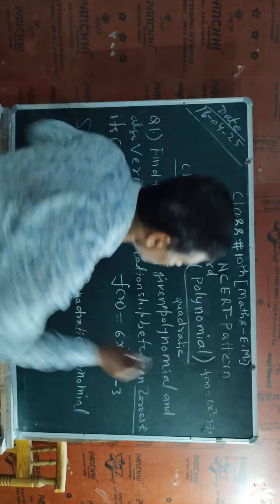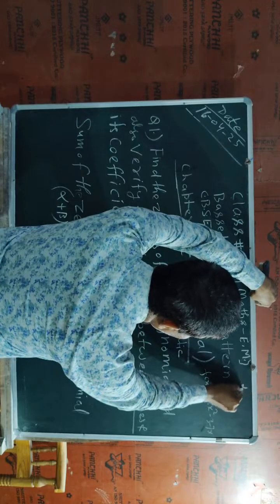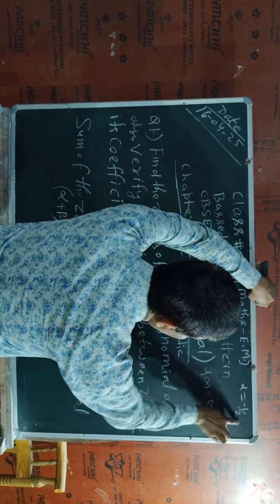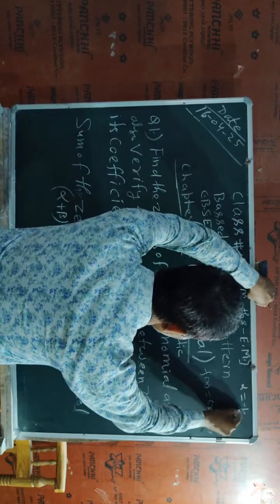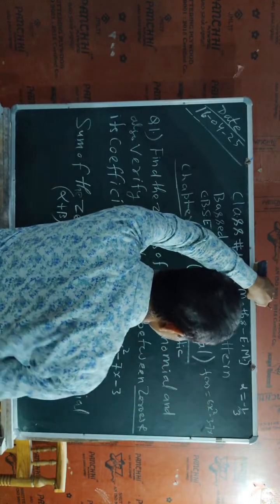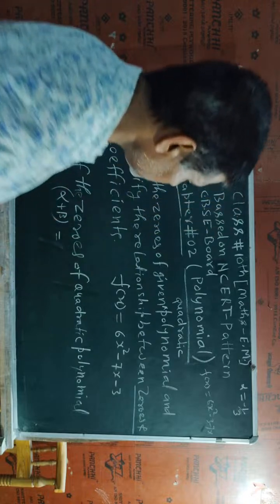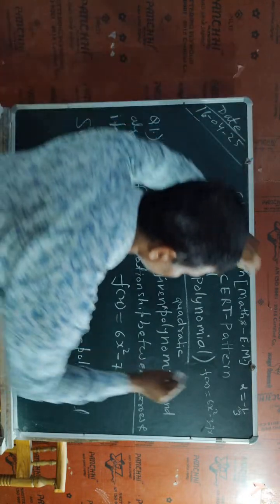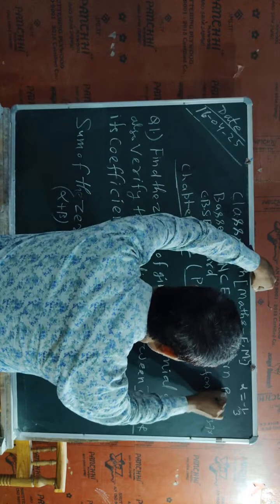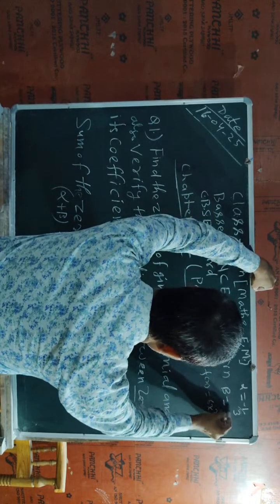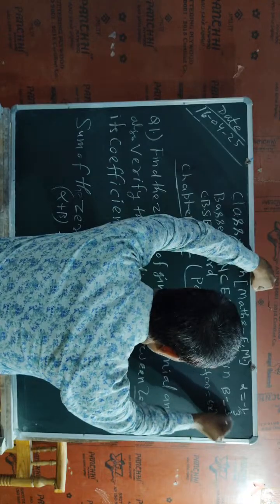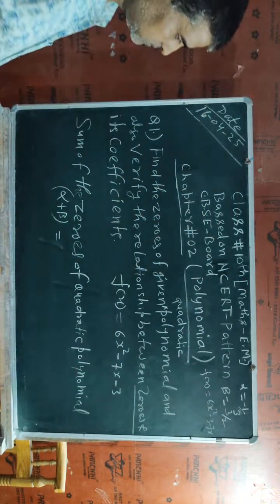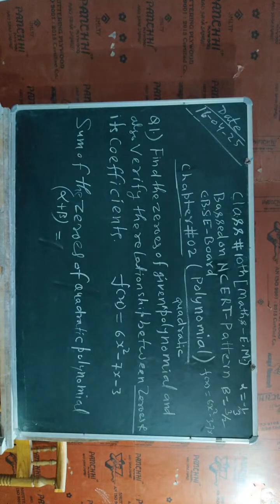So I have got two values. Alpha was minus 1 by 3 and the other, beta, was 3 divided by 2.